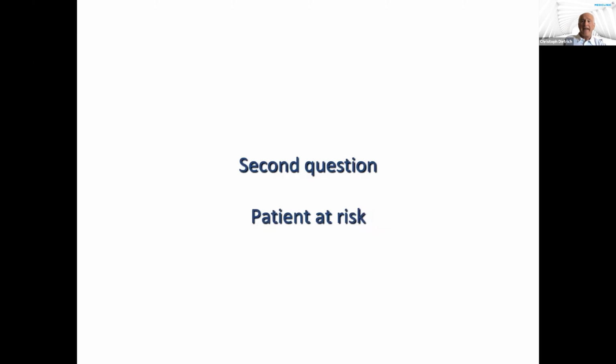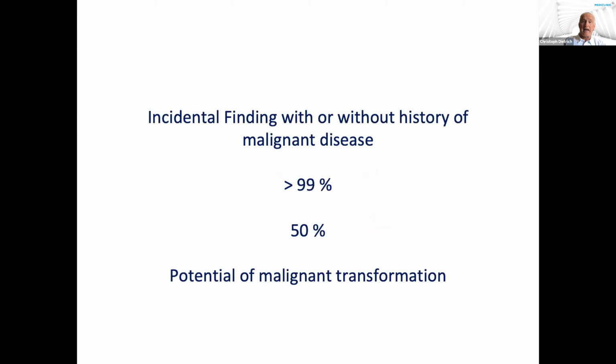Second question is a patient at risk. A patient at risk is a patient with a malignant underlying disease or liver cirrhosis. And an incidental finding with or without history of malignant disease would be benign in more than 99% if the patient has no symptoms, no pathological laboratory data, and there is no history of malignant disease.